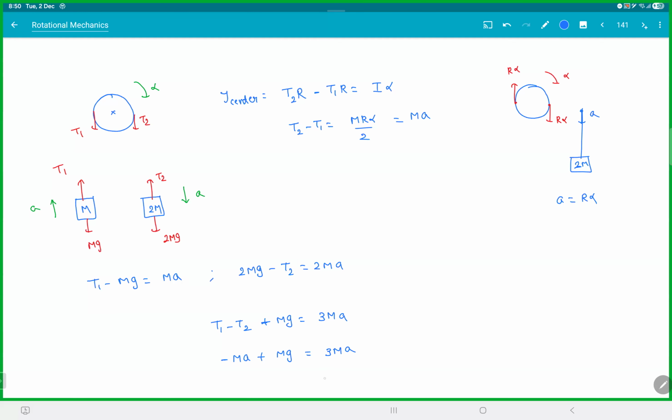Did I miss something? T1 minus T2 plus mg is 3ma. T2 minus T1, that is ma. Yeah, I did something wrong actually.